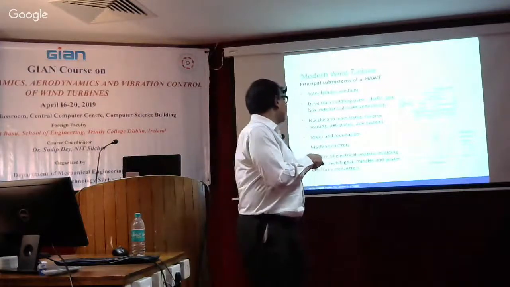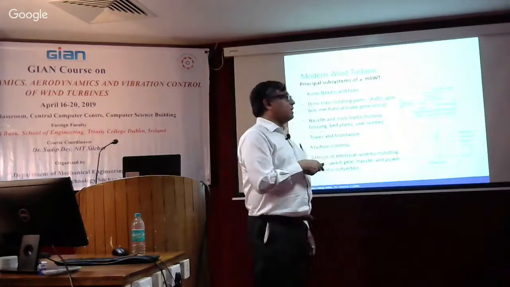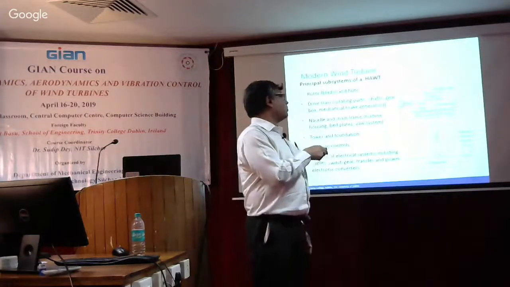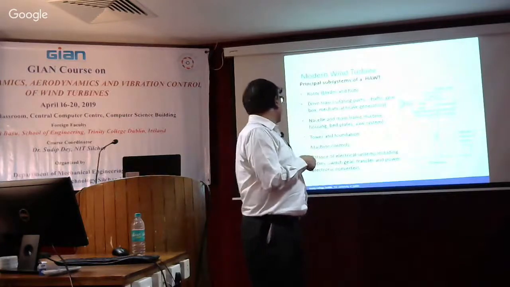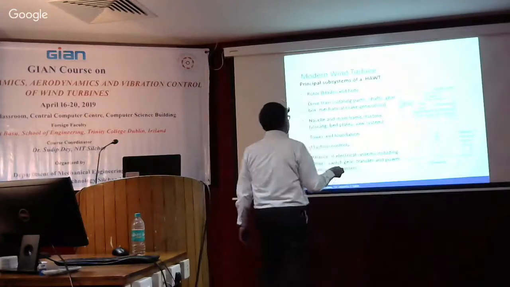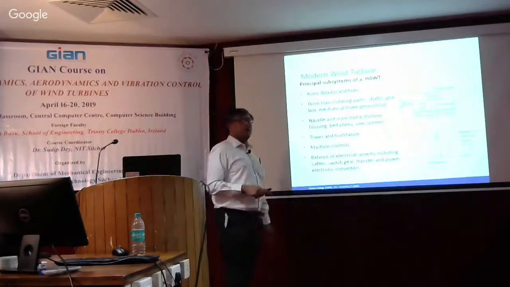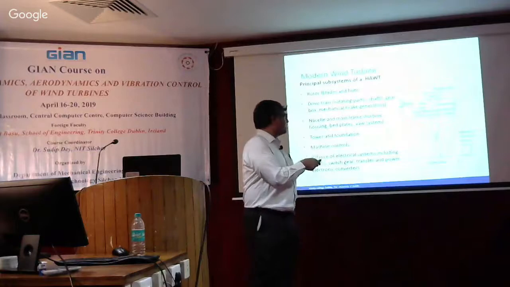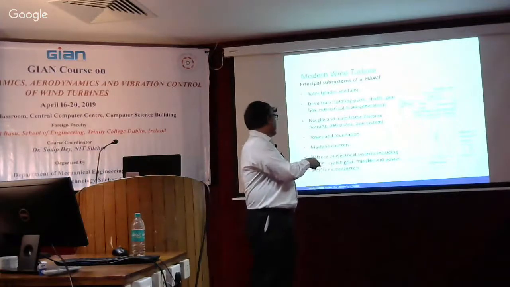That's done by the electronic controllers, and then you also have the generator controllers to control the generator, connect to the grid, and so on. We put all these things under the balance of electrical systems, including cables, switchgear, transformer, and power electronics. Normally, they're kept at the ground level, not at the nacelle, although some power electronics is at the nacelle.